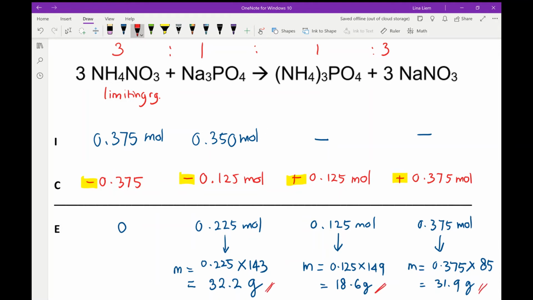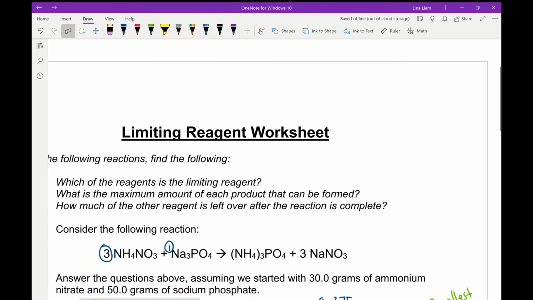Right, so by using the ICE diagram, you can answer all of these questions that are asked here.